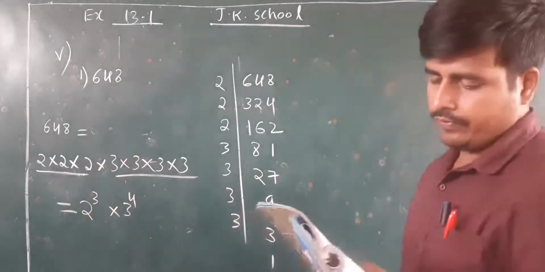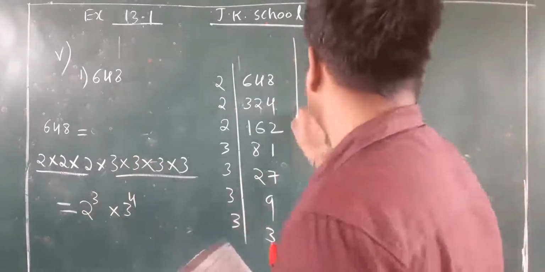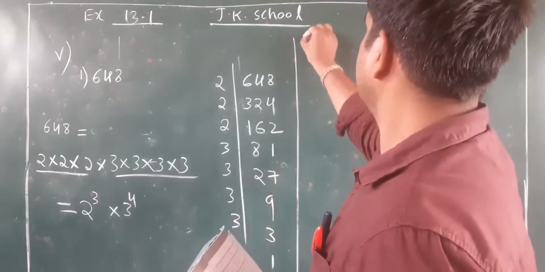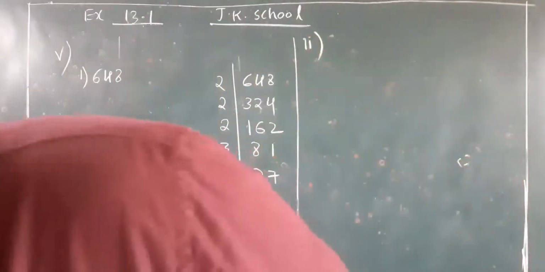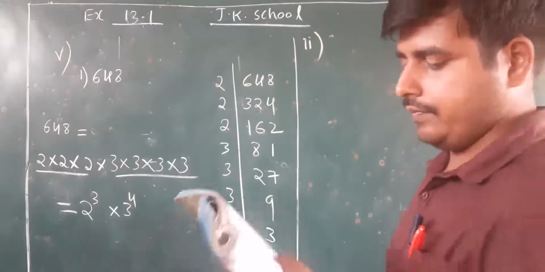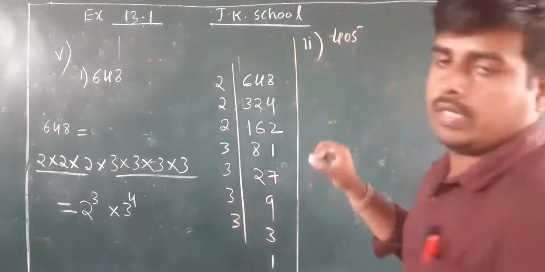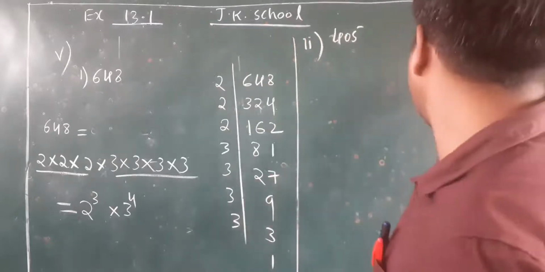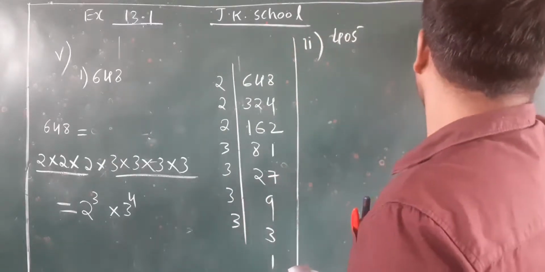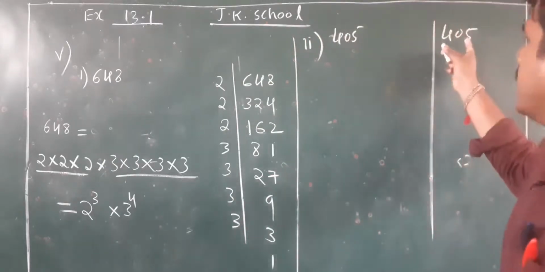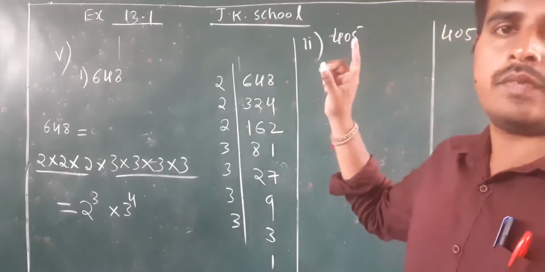Similarly, I will solve the second one, 405. Just by looking at the number 405, you can say that it is divisible by 5.